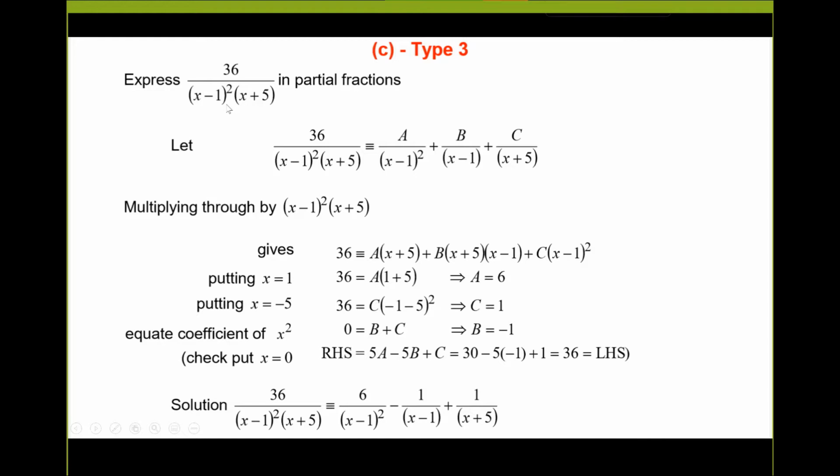If I plug in negative 5, then the a's will cancel and the b's will cancel. So if x is negative 5, this will be negative 6 squared c equals 36, or 36 equals 36c. Therefore, c is 1.